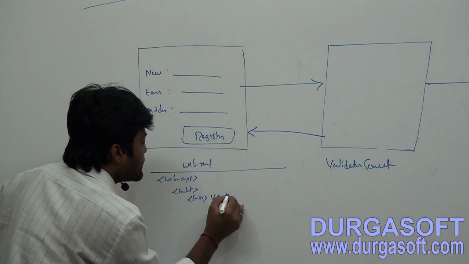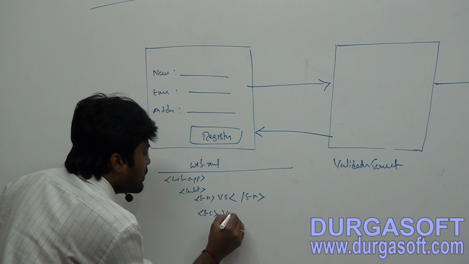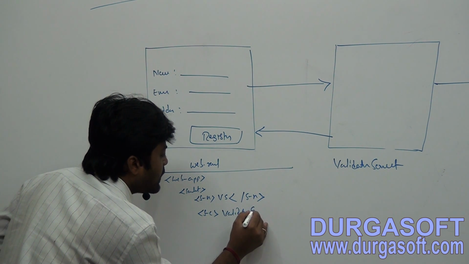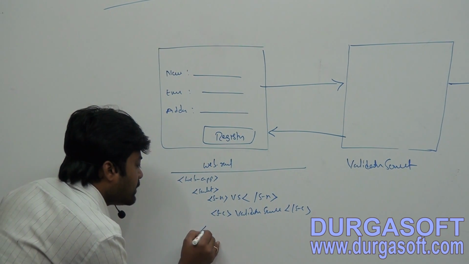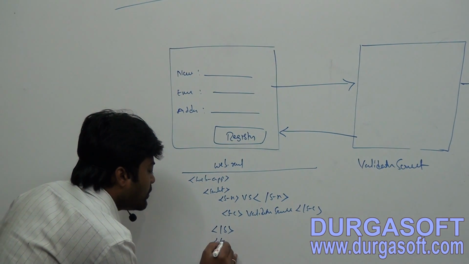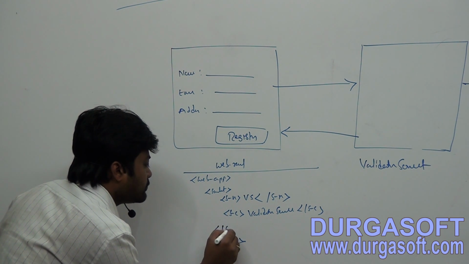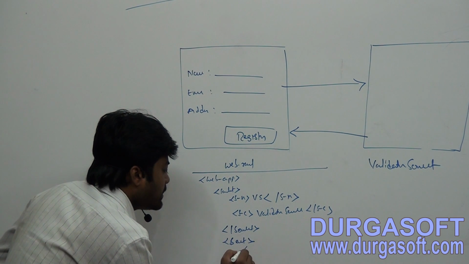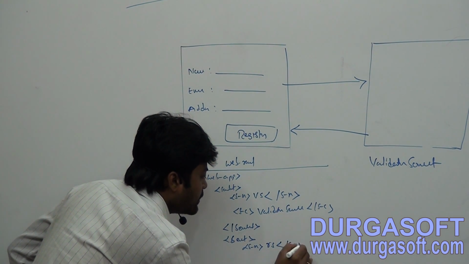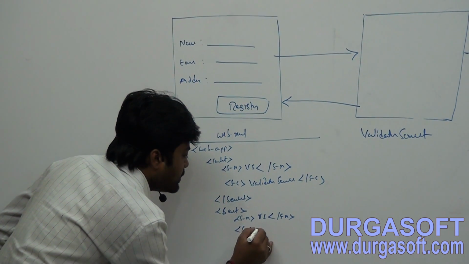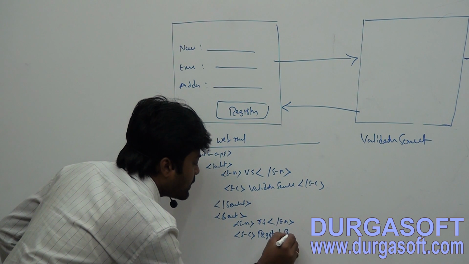One servlet is validation servlet as servlet name, and servlet class ValidationServlet, and one more servlet we have. One more servlet name is something like registration servlet RS, and servlet class RegistrationServlet.